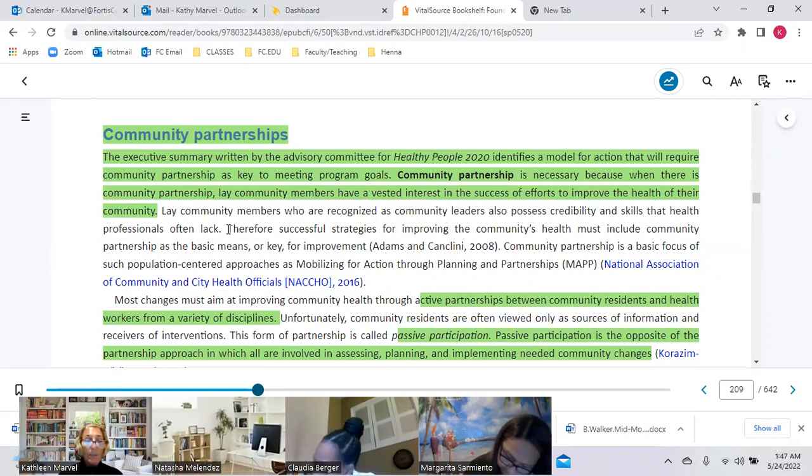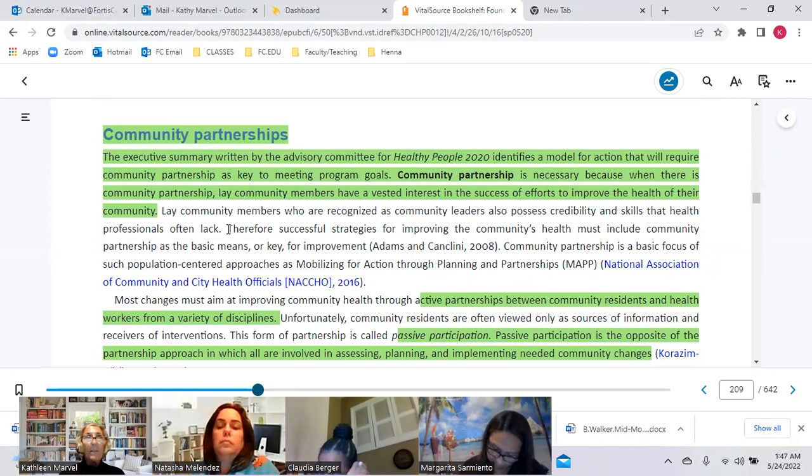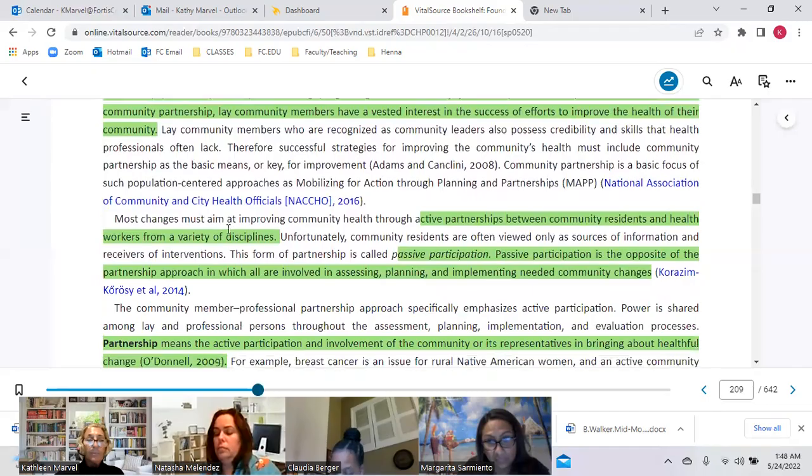They're doing it, it's getting done on a daily basis. Where passive partnerships are all those people that sit on boards and task forces that are always planning and assessing and implementing changes for the community. Maybe the group that's planning the new rec center, or the group that's planning the new neighborhood mall. Okay, that's passive participation. Okay, so you understand the difference? Or active, it's happening real time, in effect.